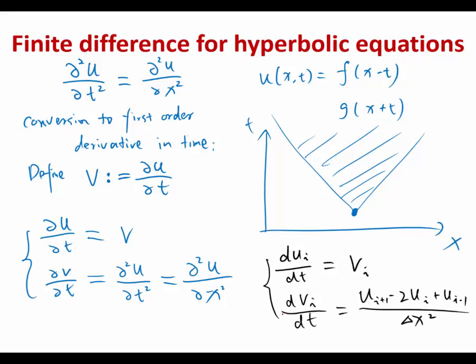And this time, when we use ODE45 or any ODE integrator, we are evolving a vector that is twice as long as the number of grid points we need to solve. It's twice as long because each grid point has a variable v and has a variable u. But this is still a set of ODEs.